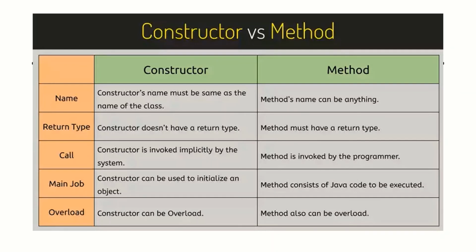Second, a constructor doesn't have any return type, but a method has a return type. A constructor is invoked implicitly by the system, but a method is invoked by the programmer, nothing but used by us, right?